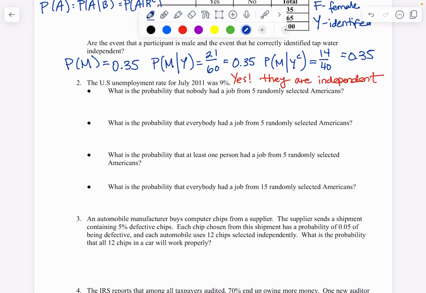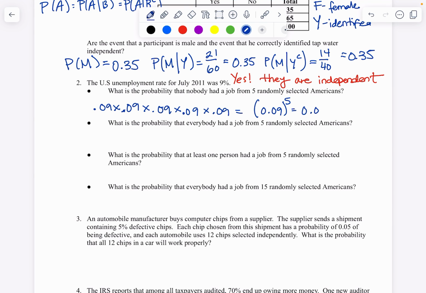So, I can just take 0.09 times 0.09 times 0.09 times 0.09 times 0.09, or if I'm a lazy mathematician, which I am, basically what I'm finding is 0.09 to the power of 5, which is quite a small number.